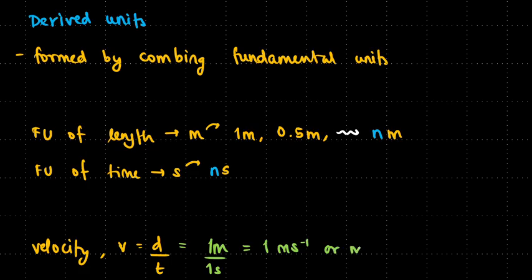Here, as you can see, there are two fundamental units being used: meter and second. That's why velocity is considered a derived quantity, which means meter per second is a derived unit. I think you understood what I'm trying to say.